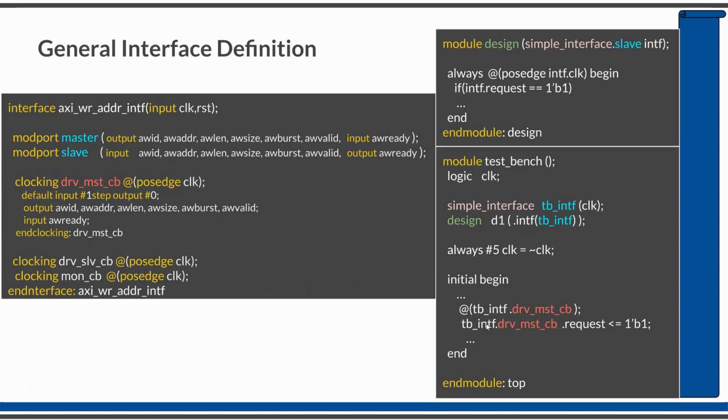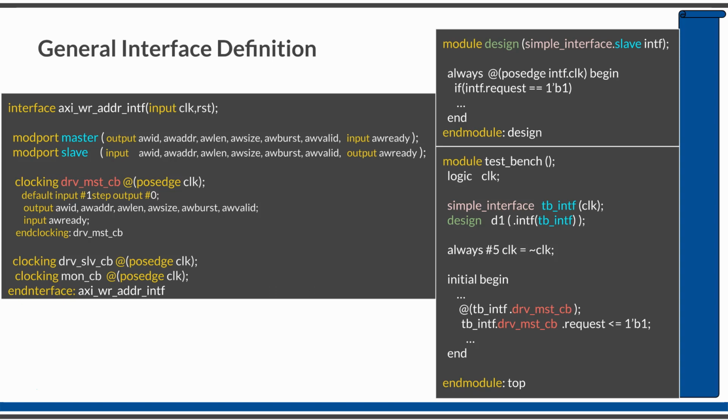And also if you wanted to drive signals into this interface, you will be using tb_interface dot drive master clocking block dot request is equal to some value, and it should be assigned with an NB assignment or non-blocking assignment. So this is a generalized way of defining an interface and using it in design and test bench.